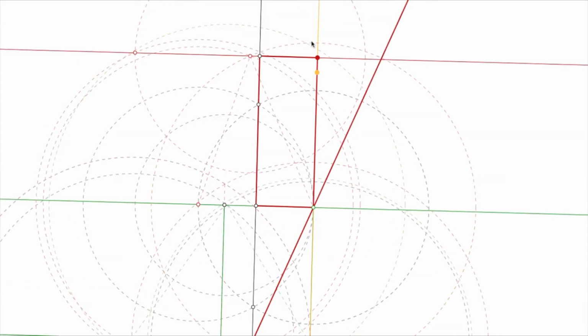I'm going to zoom in to make sure I get the points right. Okay, so we're looking for radius there, and I'm going to place it right there. So this is what we're looking for right there.